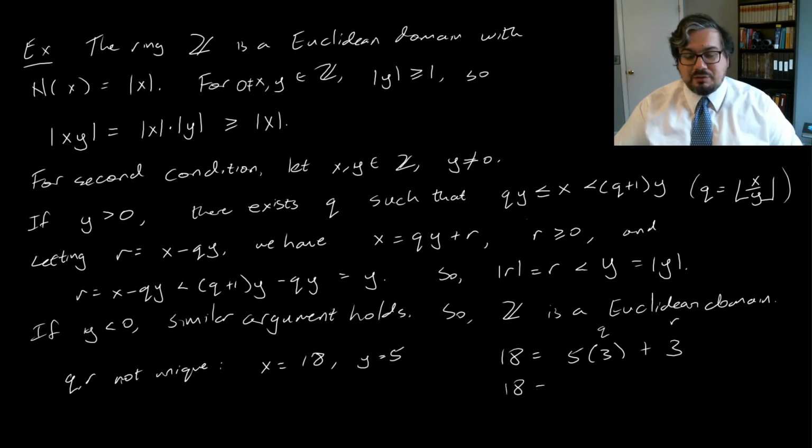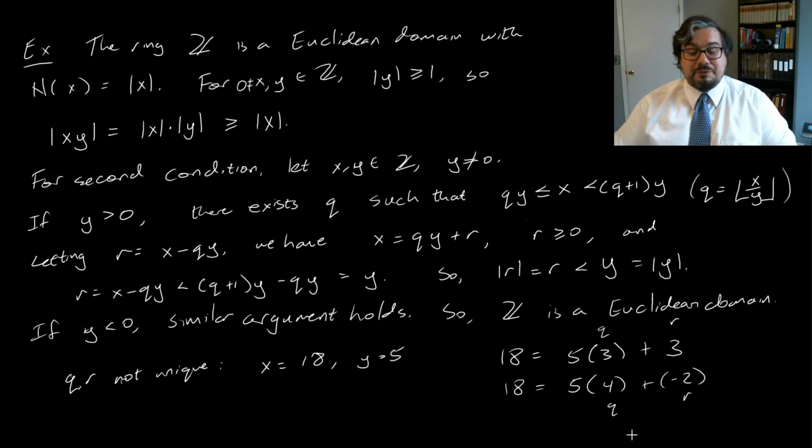But we could also write down that 18 is equal to 5 times 4 plus -2, where q is 4 and r is -2. Both of these decompositions of x into qy plus r satisfy the condition that the measure of r is less than the measure of y.